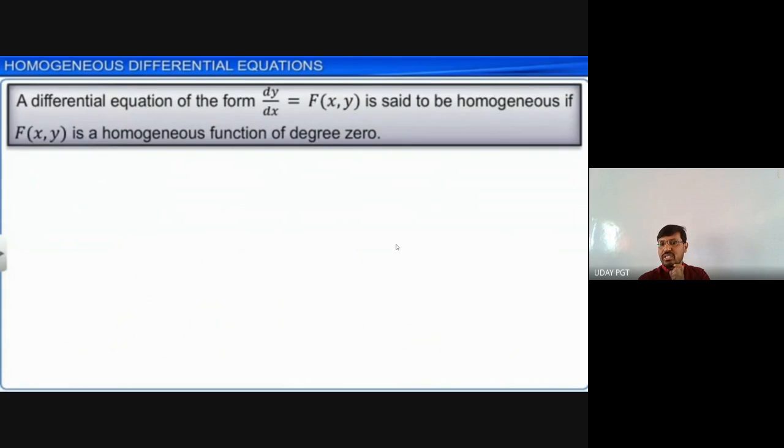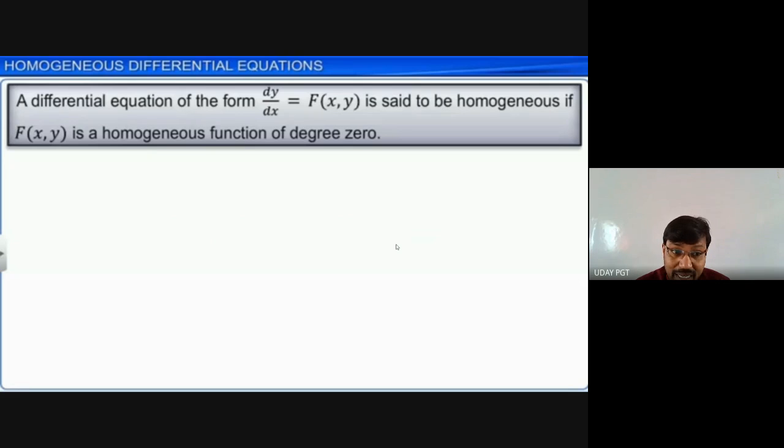A differential equation in the form dy by dx equals f of x comma y is said to be homogeneous if f of x comma y is a homogeneous function of degree 0. A function separately may be homogeneous of different degrees, second degree, third degree, depending upon the constant.